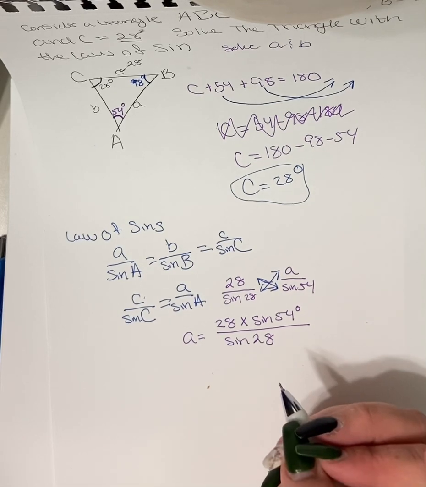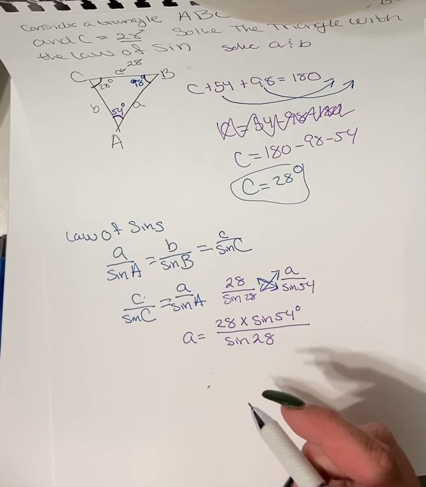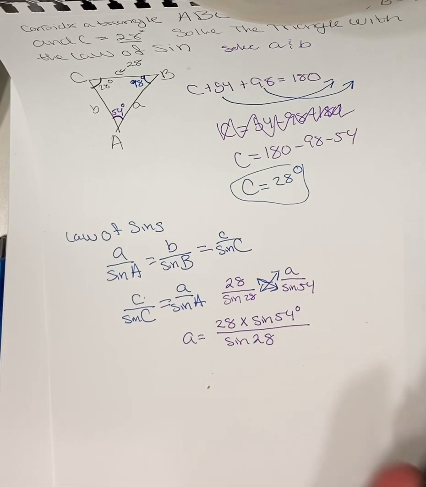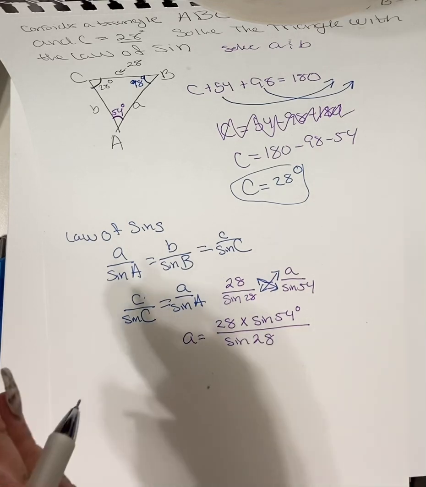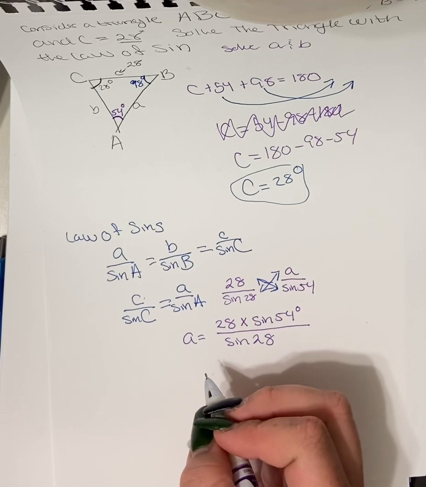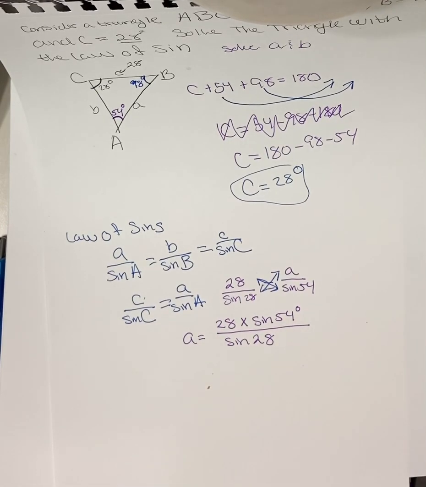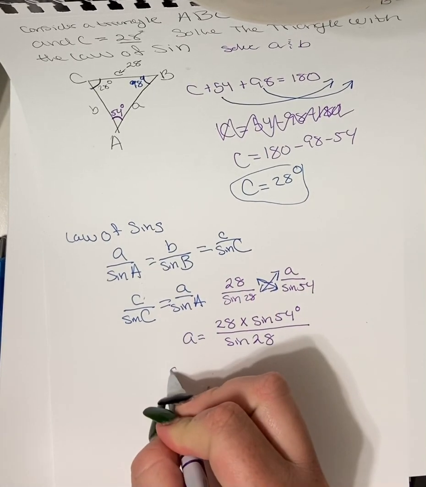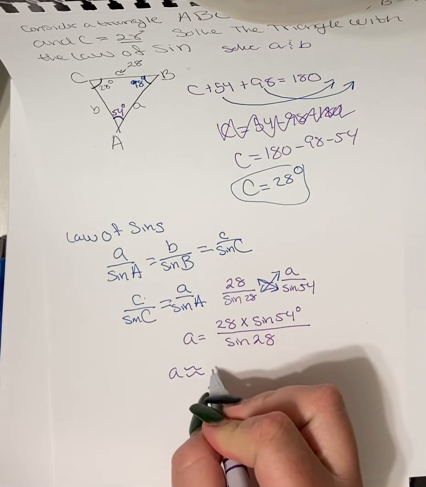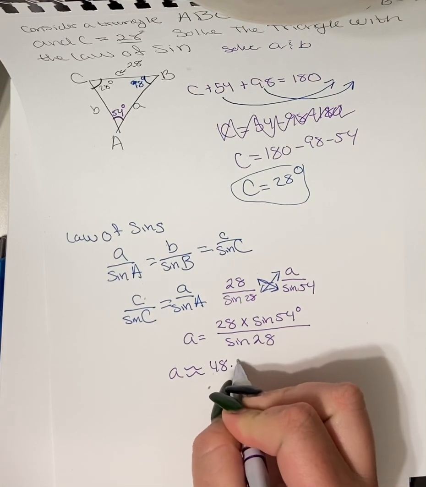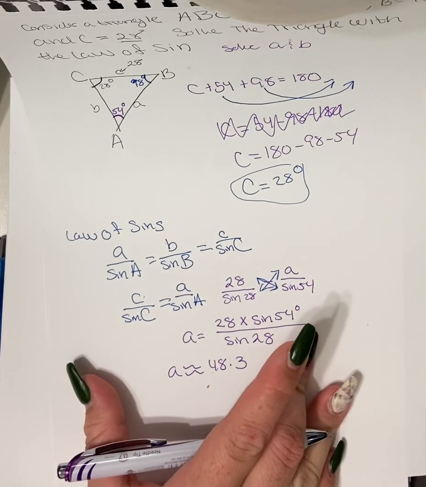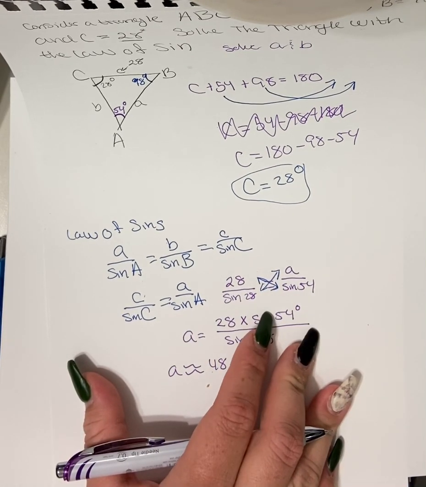So you're going to get a very long number when you do this in the calculator. And you want to approximate that, so you want to bring it down to the nearest tenth. So instead of 48.251, so and so and so, you're going to do a squiggly line, which means approximately equal to 48.3. Okay? That's our first one. So we now know the answer for A.